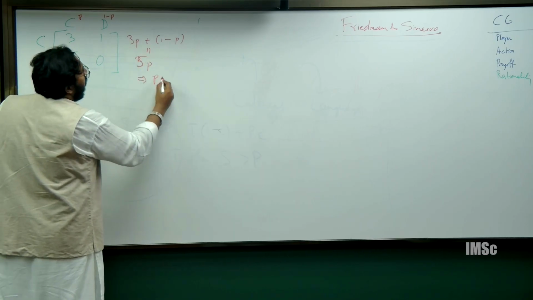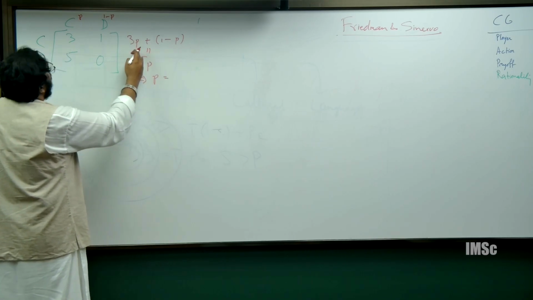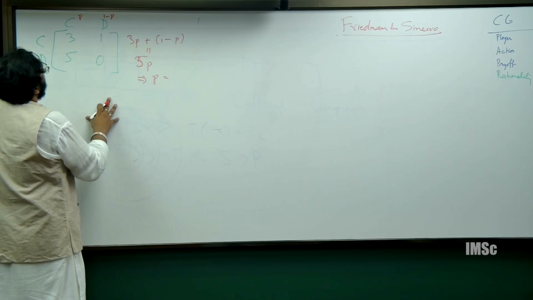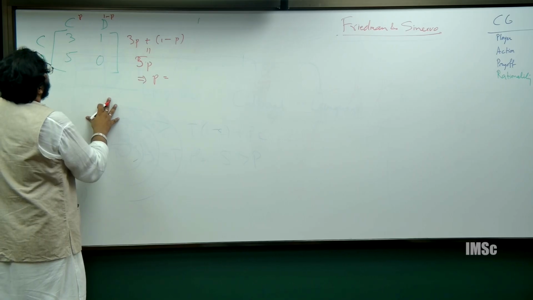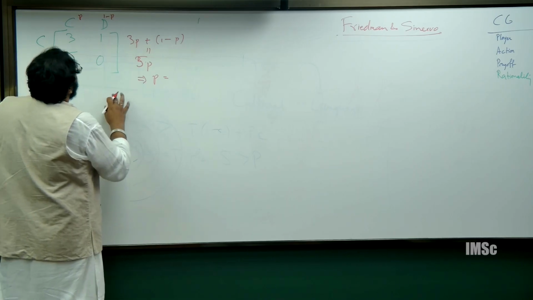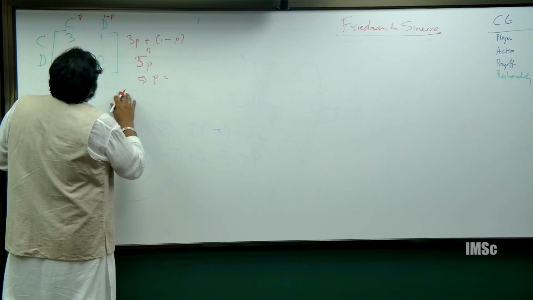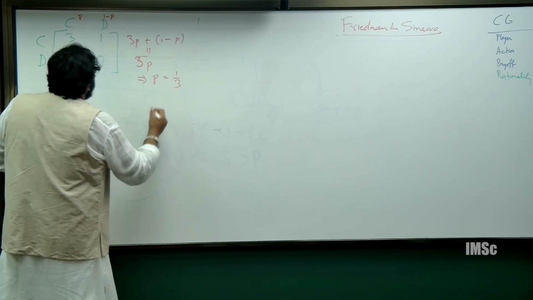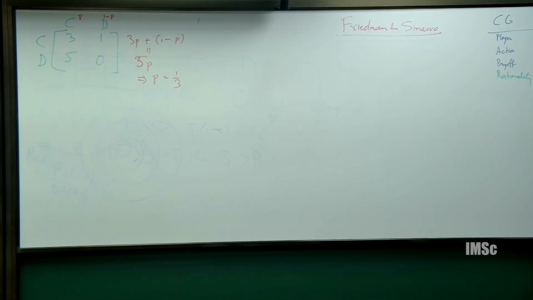So that implies P equals, is there something wrong here? That's fine, no? Yeah, it's not giving what I wanted. Yeah, it's 1 by 3. So Nash is 1 by 3.